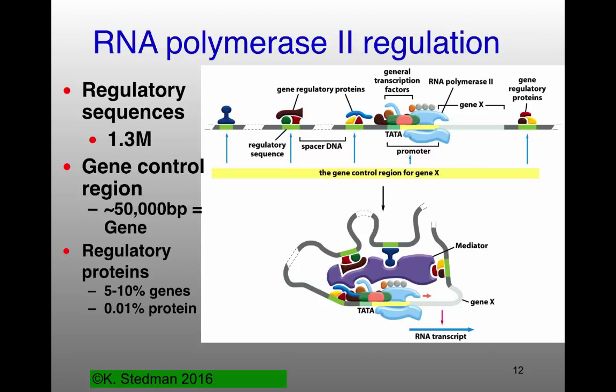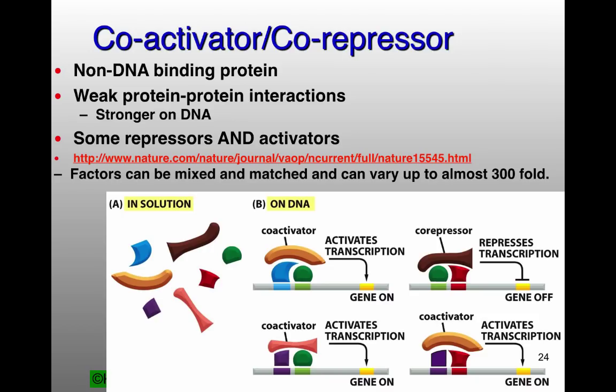And it's not just the DNA binding proteins. We also have non-DNA binding proteins that are very important for transcriptional regulation. These are the co-factors, the co-activator, or the co-repressor. Non-specific DNA binding proteins. They'll either be just protein-protein interactions, or they could be a non-specific DNA binding protein that will then be brought to a particular place due to protein-protein interactions.